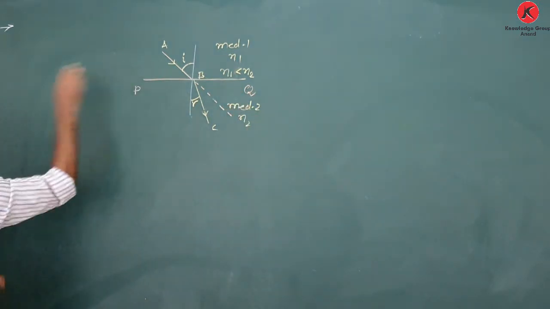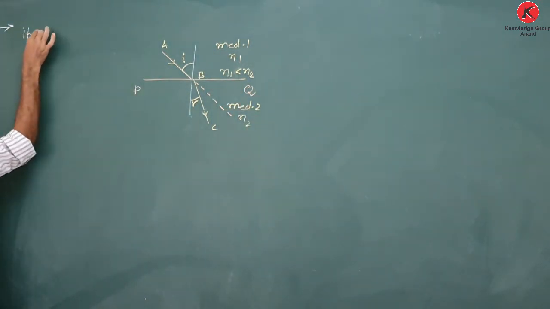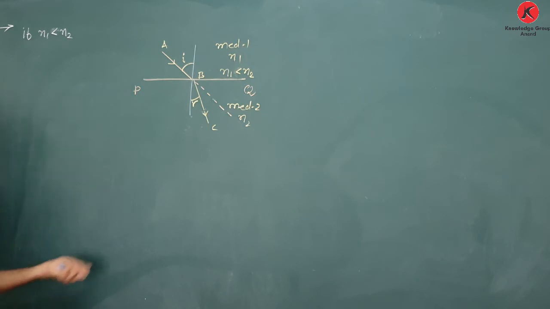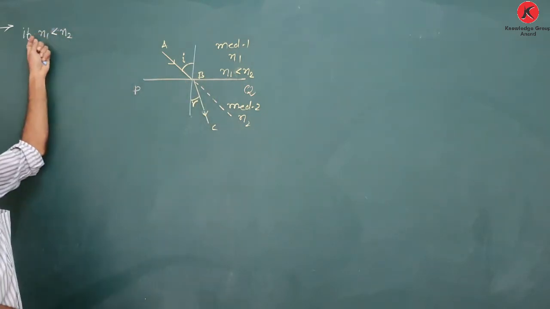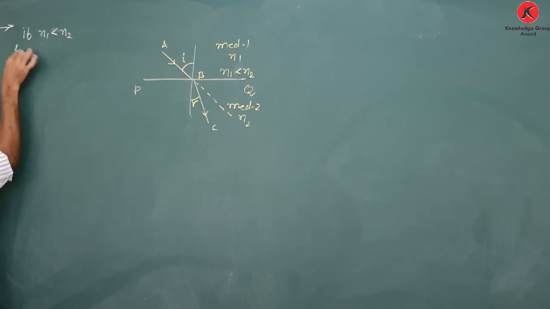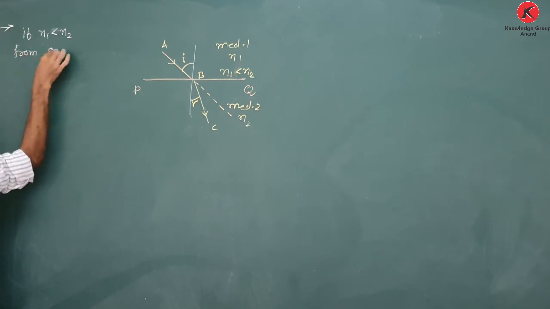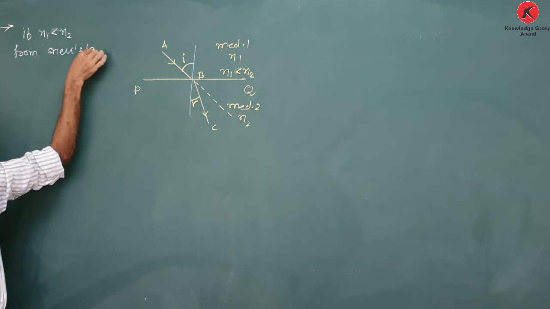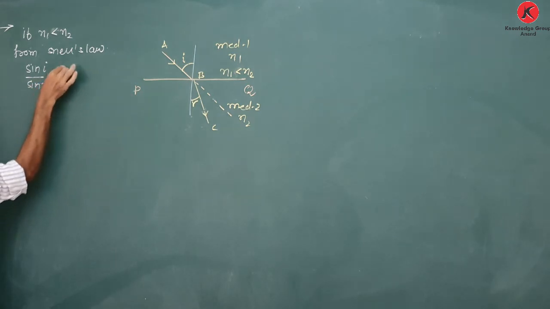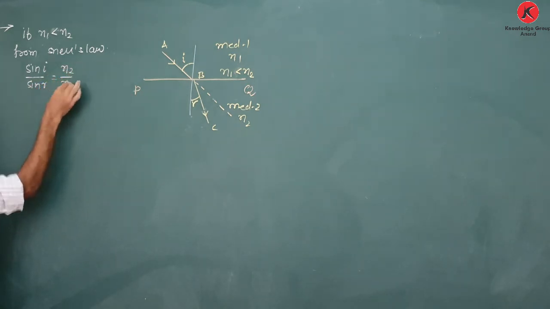For that purpose, if n1 is less than n2, then from Snell's law, sin i upon sin r is equal to n2 upon n1.